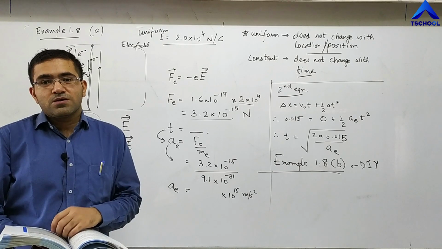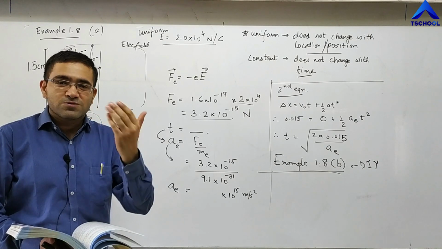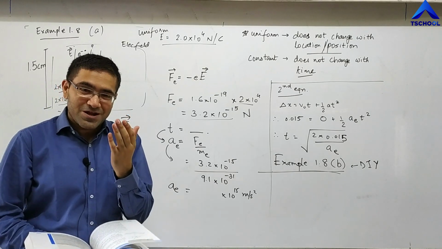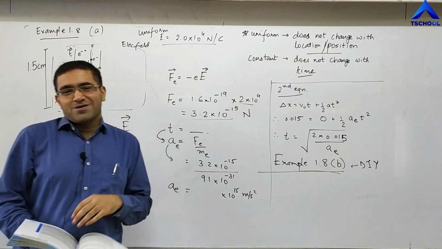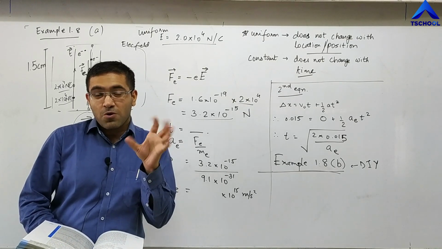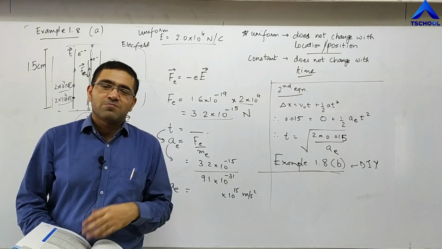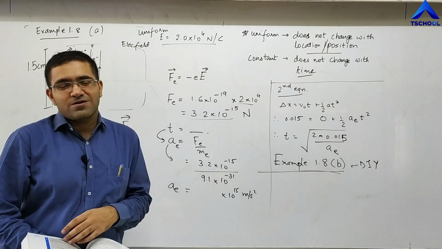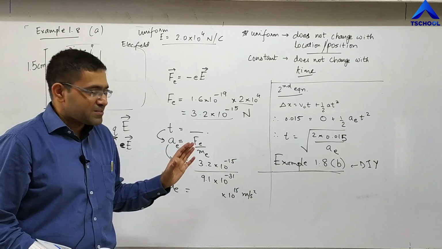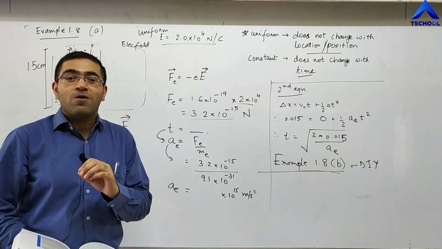The difference is that in free fall under gravity, the time does not depend on the particle. I hope you remember that simple demonstration that I did very early in the class. If you take two objects and drop them from the same height, they fall at the same time if we neglect air resistance. But here it's not going to be the case, because electric forces do not depend on mass.